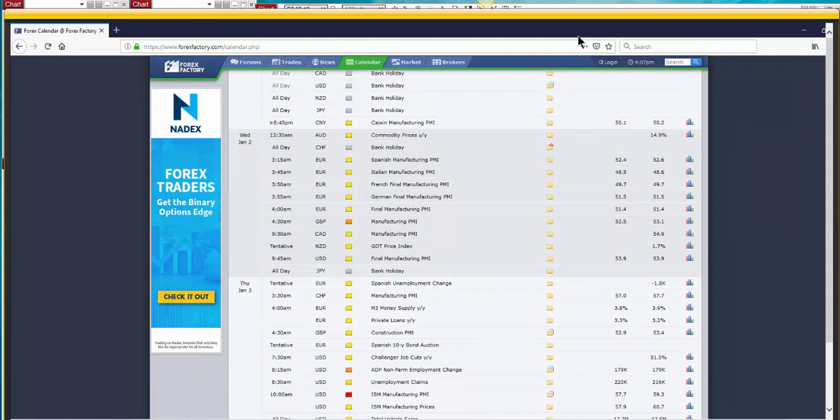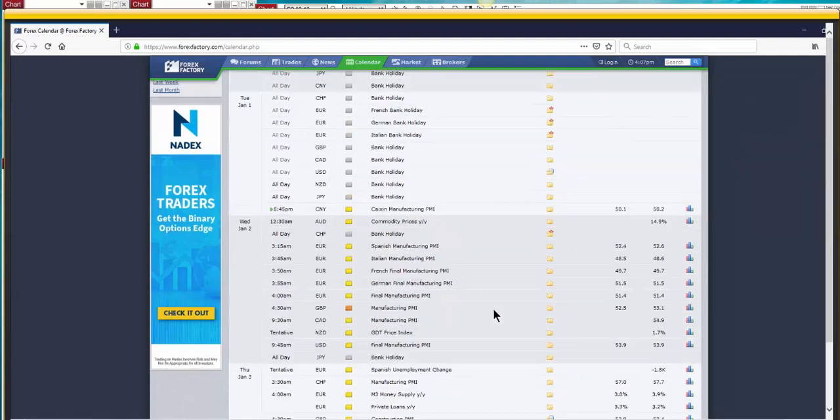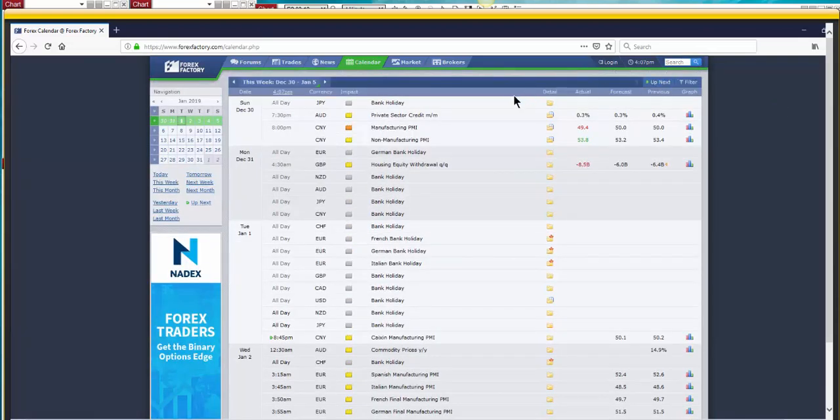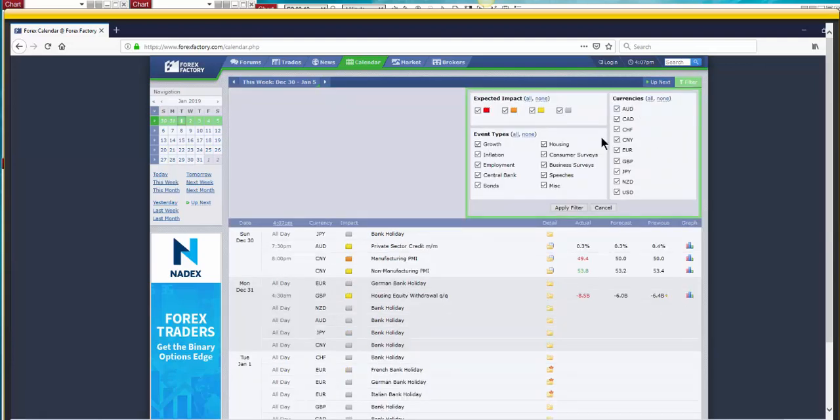Now you can also filter these, so maybe you don't want to see the British pound or UK information. You can filter that, and the way you can do that is you go up here where it says filter. You can click on that, and then specify the countries that you want to see. You can also specify the time zone.